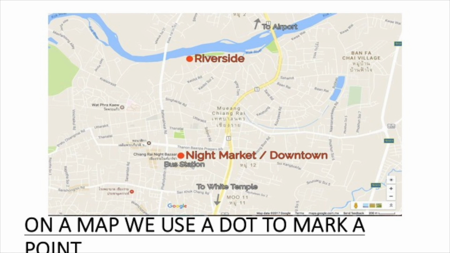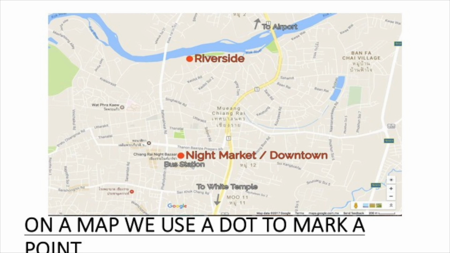On a map, we use a dot to mark a point. Like here, we have a map of our city, Chiang Rai. Here, we have a dot for Wat Phra Kaew. Yes, so we know where to go if we want to go to Wat Phra Kaew.